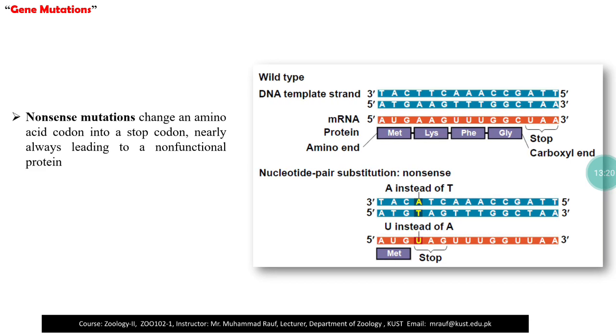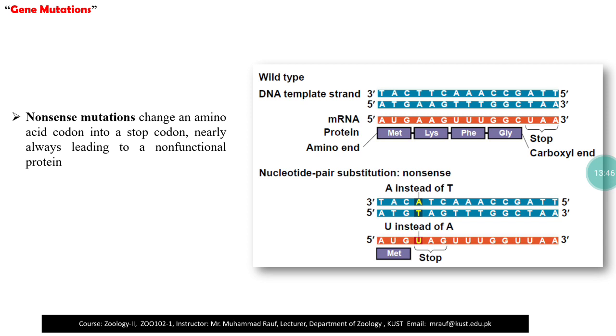Nonsense mutation is the most drastic form of base substitution. Here, change occurs in a triplet codon where one of the bases is replaced with another base, and the new triplet combination formed represents a stop codon.